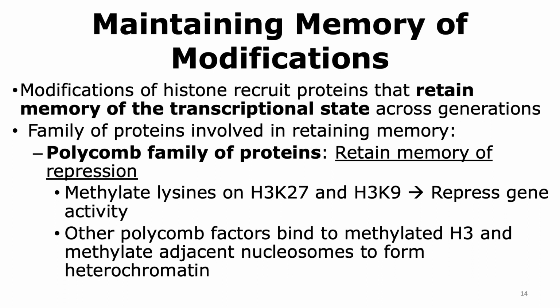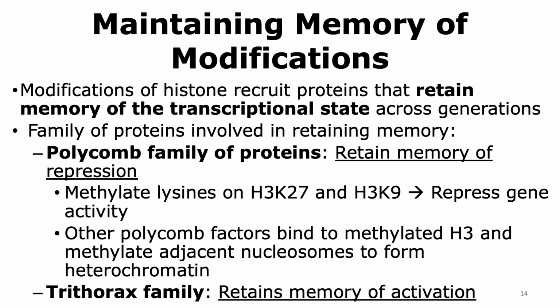The first family are the polycomb family of proteins, and they retain a memory of repression. The polycomb family of proteins methylate lysines on H3K7 and H3K9 to repress gene activity. Other polycomb factors can bind to methylated histone 3, or H3, and methylate adjacent nucleosomes to form heterochromatin.